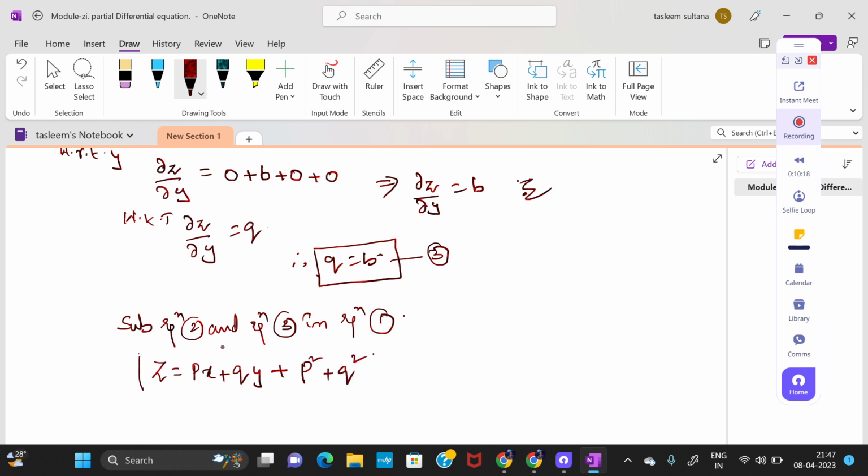Now see, you have eliminated the arbitrary constants from the given equation, where a and b got replaced with p and q. This is known as elimination of arbitrary constants.